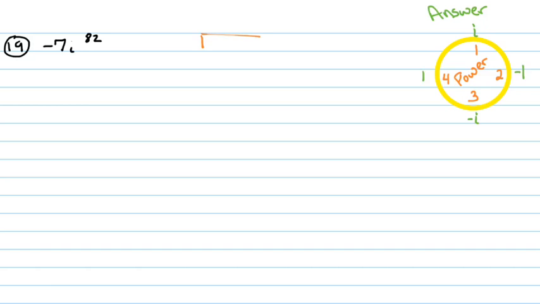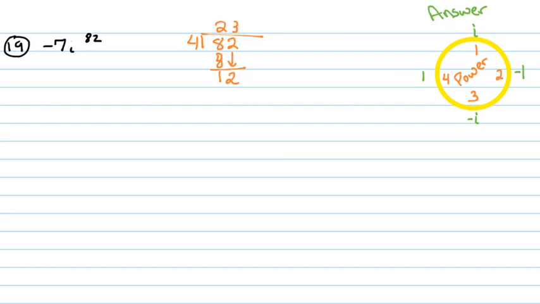So I'm going to divide 82 by 4, and I want to find out my remainder. And so 4 will divide evenly into 8 twice. I subtract and I drop down the 2.